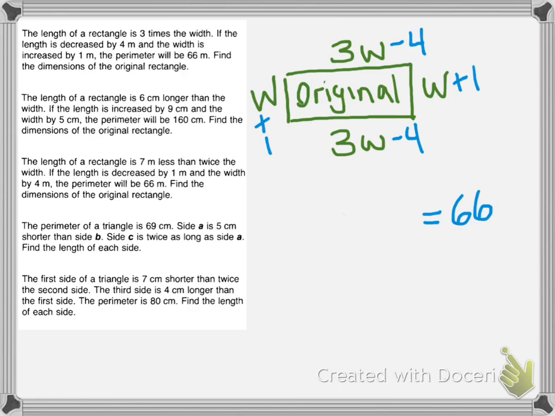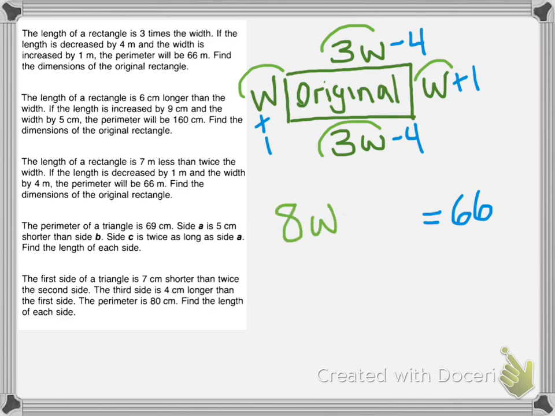So if we add the 3W, W, 3W, W. A lot of people want to tell me there's 4 W's. Are there 4 W's? Well, there's 4 letter W's, but the coefficients tell you how many W's are really there. So there's a total of 3, 6, 7, 8. There's a total of 8 W's.